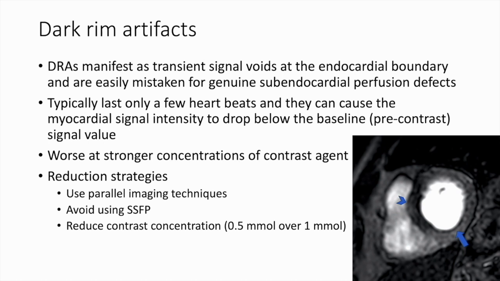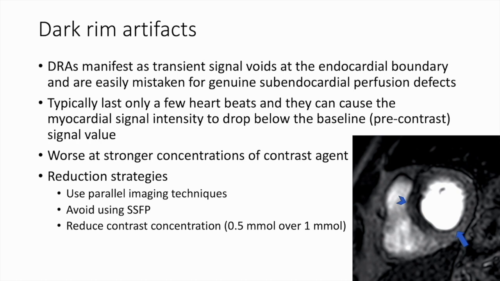Dark rim artifact or DRA is a common artifact in perfusion images. It manifests as a transient signal void at the interface of blood pool with endocardial surface and can be easily mistaken for subendocardial perfusion defects. They can be differentiated from true perfusion defects as they typically last only a few heartbeats.